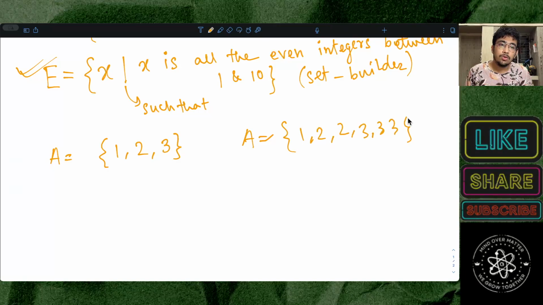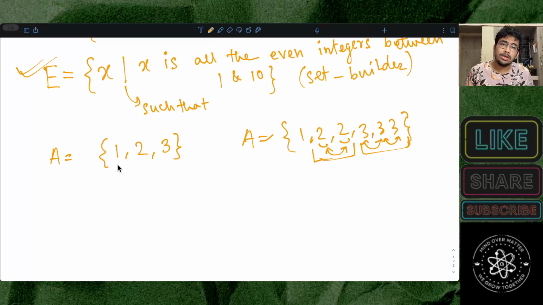This cannot happen because an element cannot repeat. These are not distinct elements, these are the same elements. So the same element cannot occur twice in a set. This is the rule.